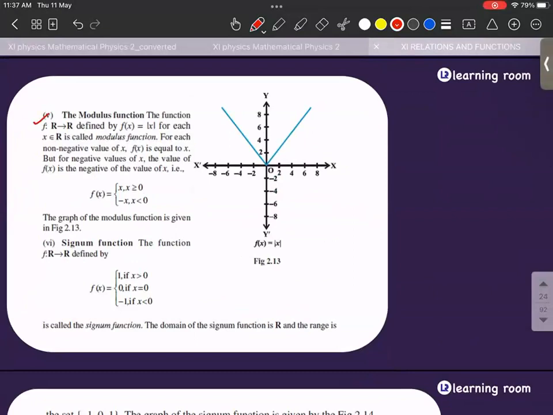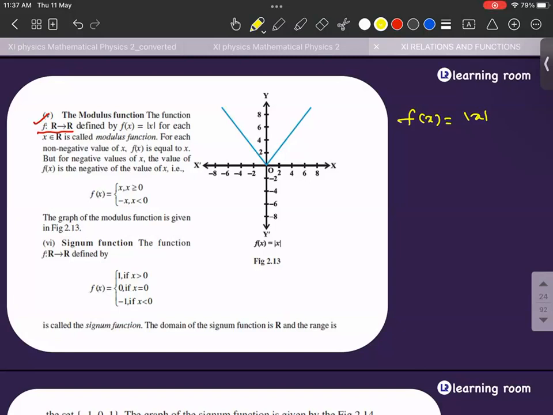modulus function, right? So if you define a function from R to R as f of x is equal to mod of x for each element x that belongs to R, then this can be called a modulus function.